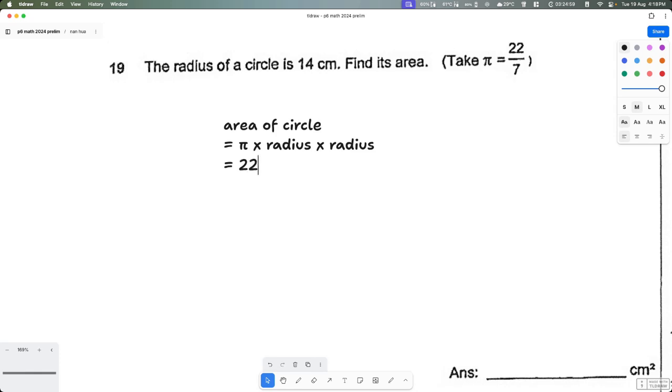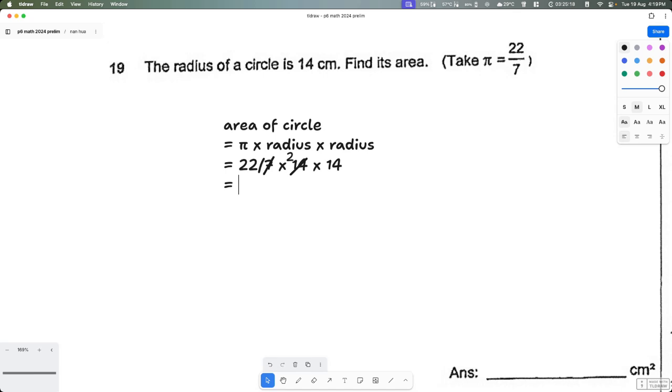So pi is 22 over 7 times 14 times 14. You can cancel 7, right? And you can cancel 14. This will then become 2 like this. Let me put the 2 a little bit smaller.